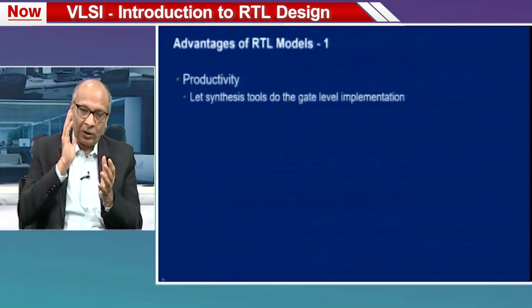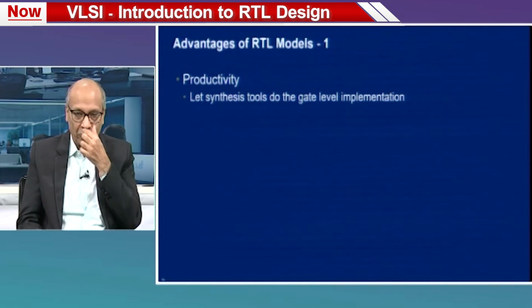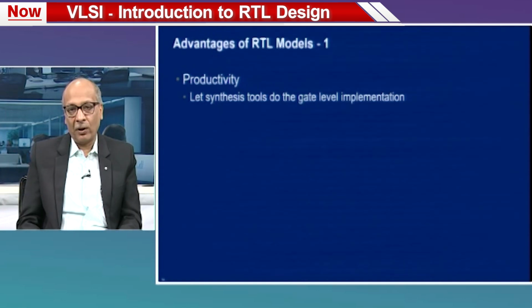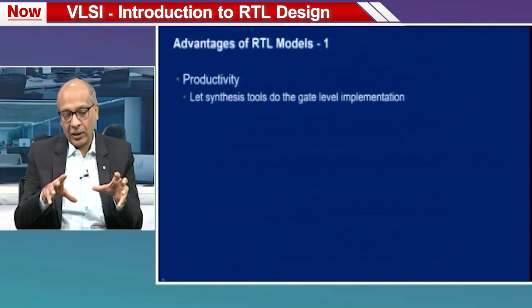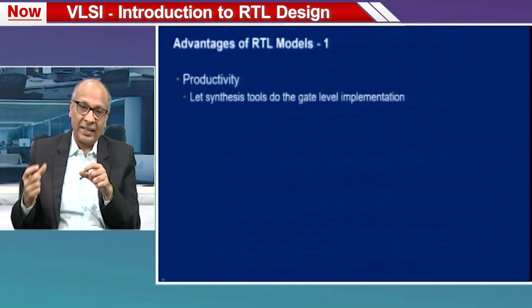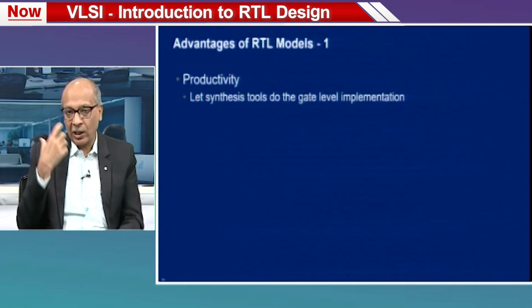We are talking about a different scale of productivity improvement compared to hand drawing this yourself. Later on we will see an example of a weird counter, and you can easily see how long it would take to draw that counter yourself using K maps and digital gates, versus how small and how easy to read the HDL code is.